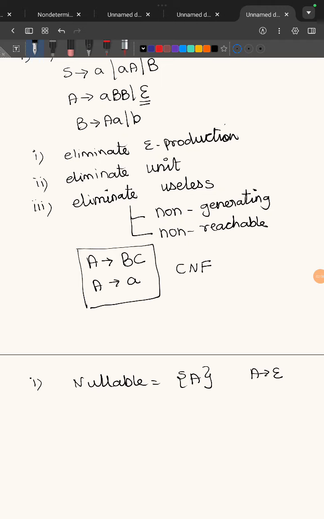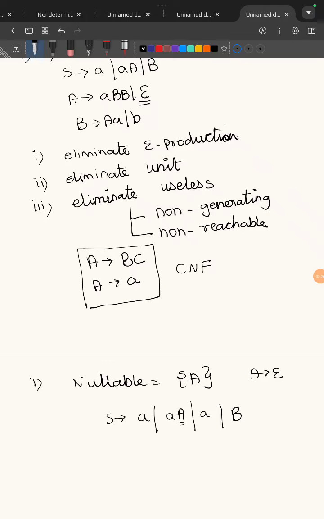For example, S is deriving A bar A. So here instead of A, if I put epsilon, what will it become? If I substitute epsilon over here, it is A epsilon, meaning it is A. Now what is the remaining rule we have?